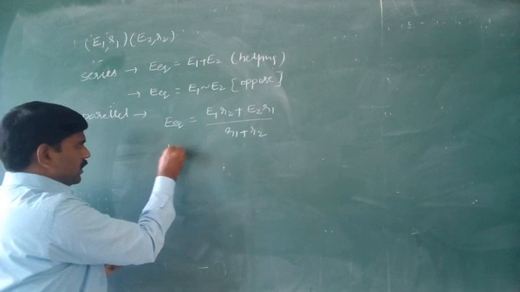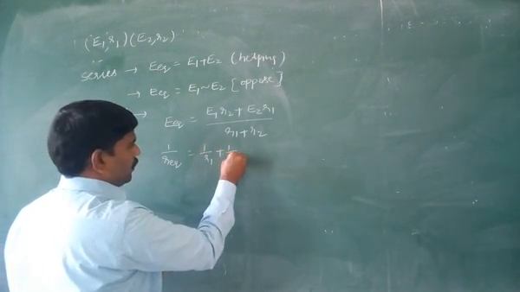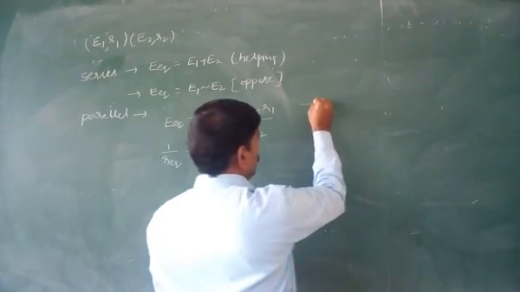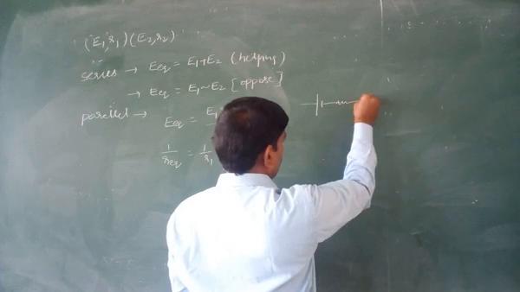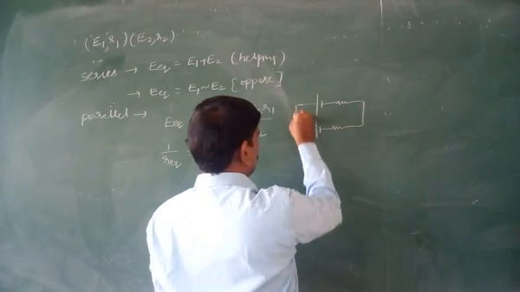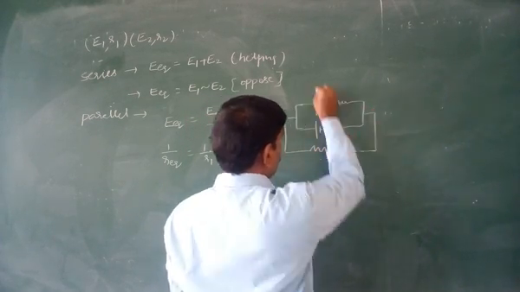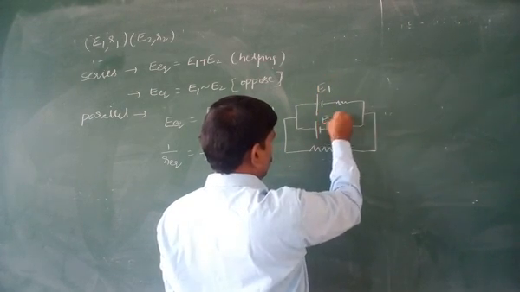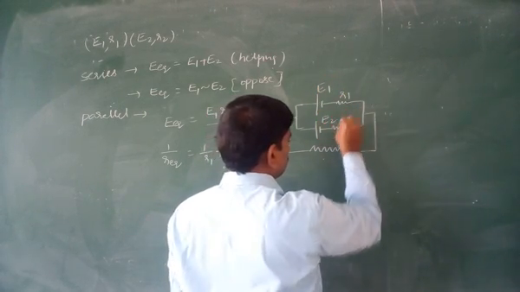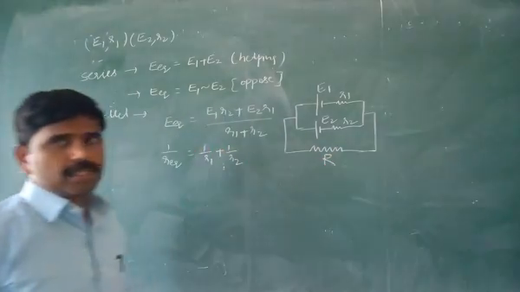Here in this situation, R equivalent is equal to 1 by R1 plus 1 by R2. Actually here, positive terminals are connected like this. This is the external resistor capital R, E1, and this is E2, with internal resistances R1 and R2.